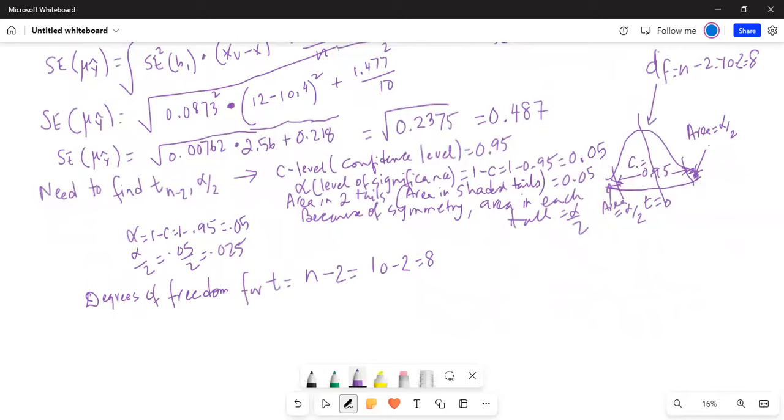So I need to find this critical value and this critical value. Specifically, I'm interested in this critical value, which is T alpha by 2, the critical value of T. So I go to my calculator, press the second button, then the inverse button, then scroll down to invT, which is number 4.